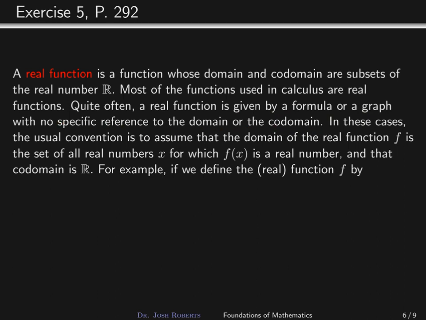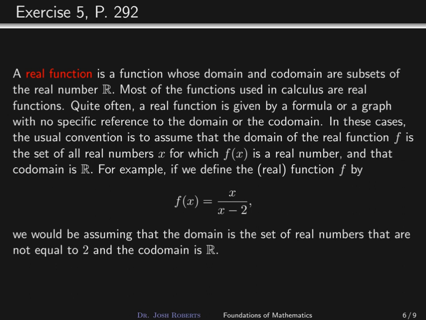In calculus, we just assume that the domain of every real function is R, and the codomain is R. So for example, this function right here, f of x is equal to x divided by x minus 2. We assume that the domain is real numbers not equal to 2.